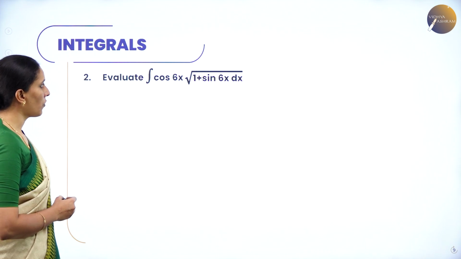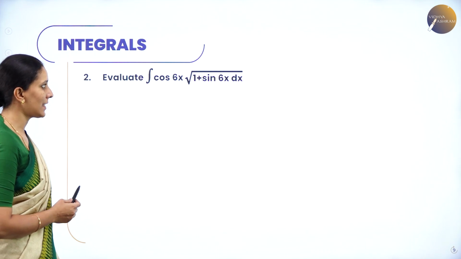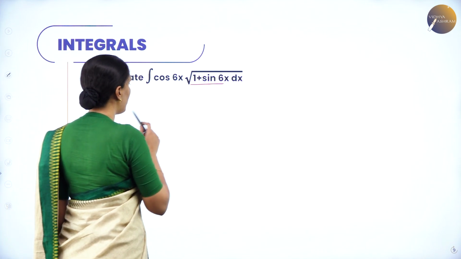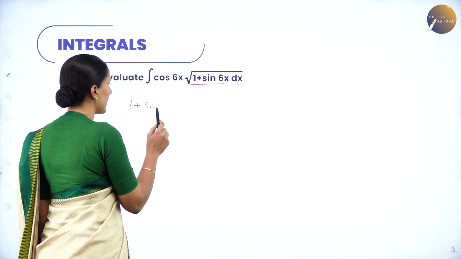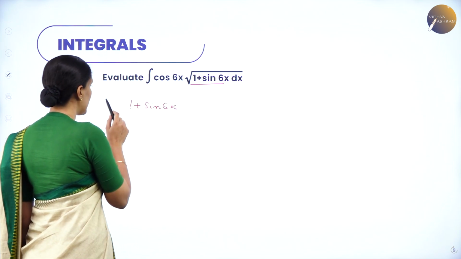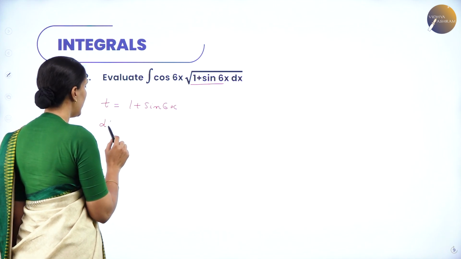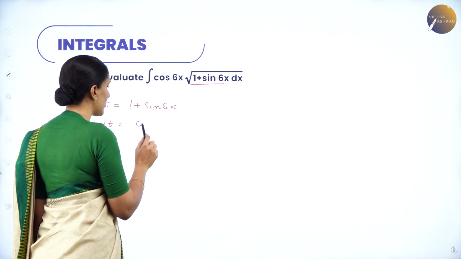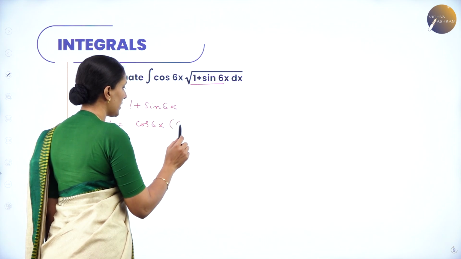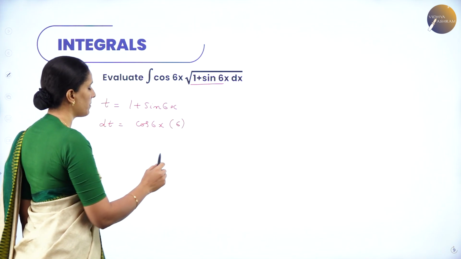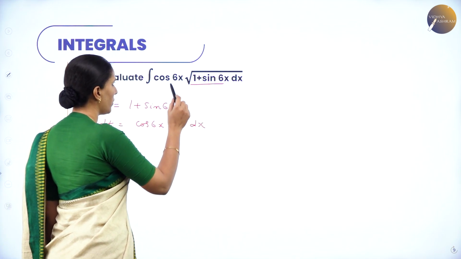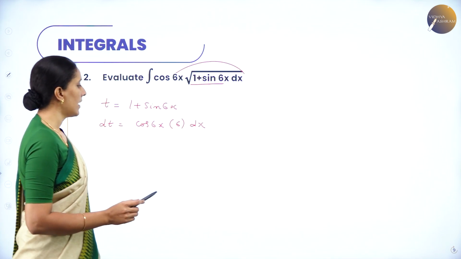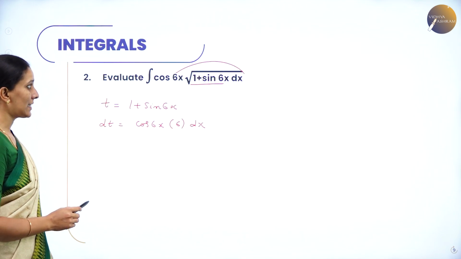Evaluate integration of cos 6x root of 1 plus sin 6x dx. So let's take 1 plus sin 6x here as t. Then dt is cos 6x into 6 dx. So instead of cos 6x dx, I can write it as dt by 6.